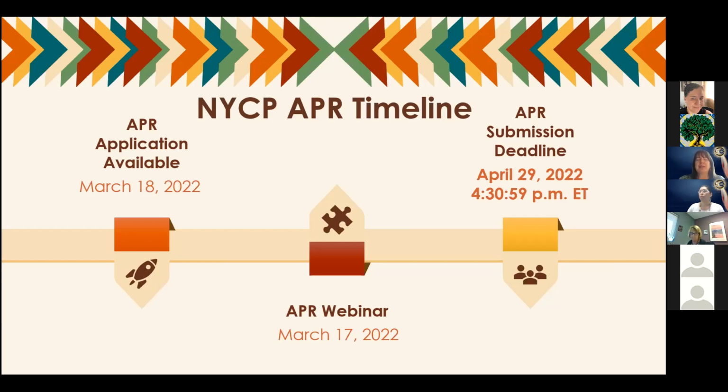The advice around that is because it's not just you entering your annual performance report, it's everybody in this cohort, all other grantees across the Office of Indian Education, as well as grantees outside of the Office of Indian Education. So you don't want to get stuck in that traffic jam on April 29th. G5 can get a little overloaded, and you don't want to get stuck and be late to your destination.